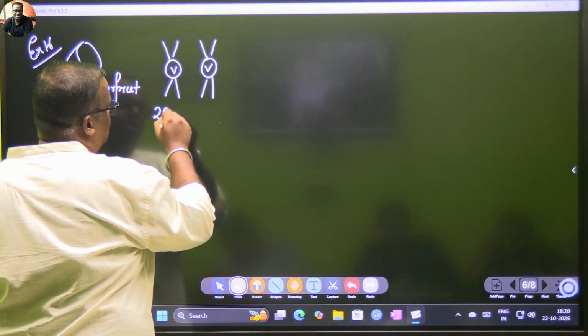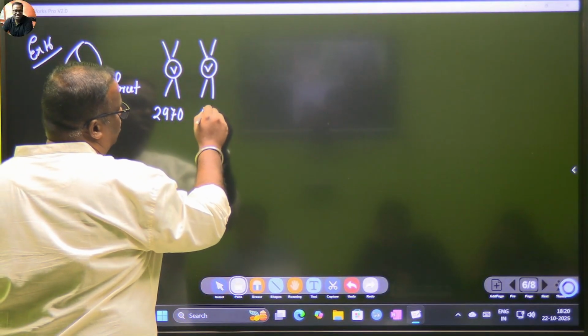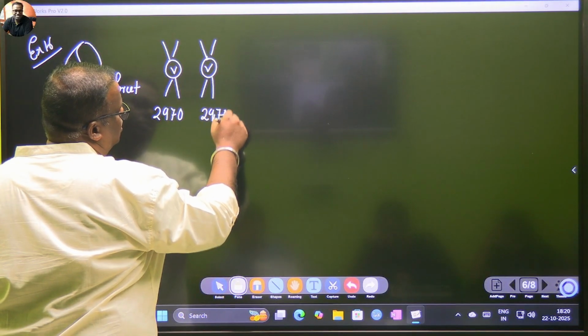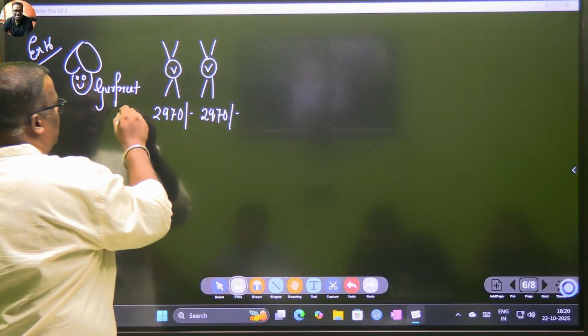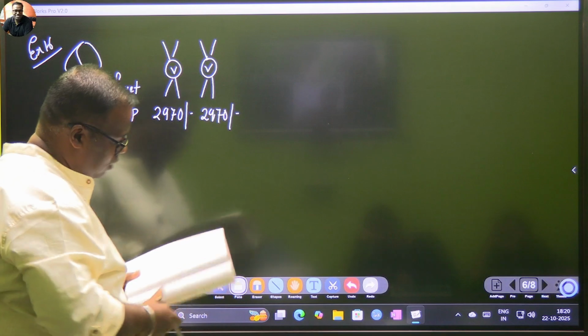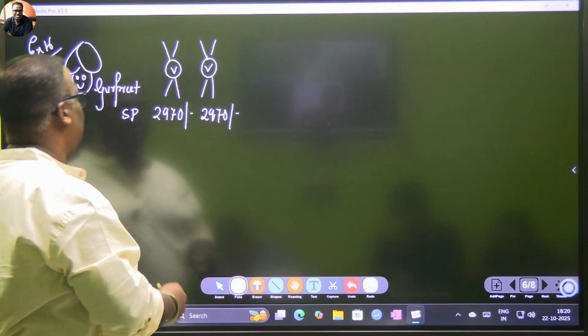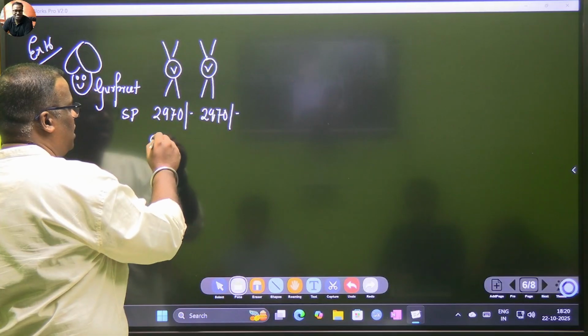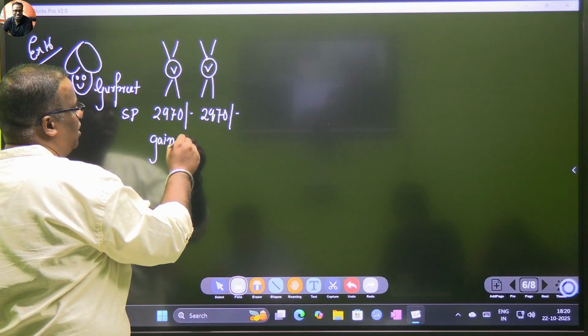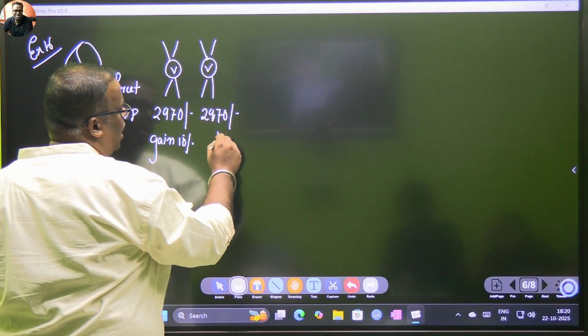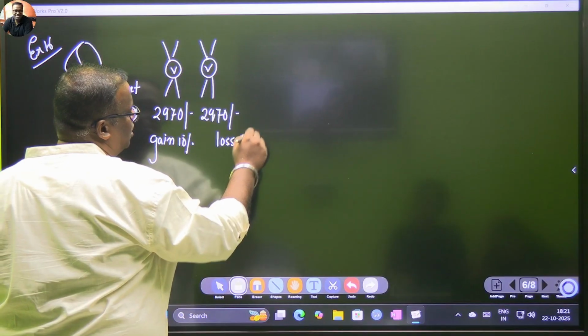He sold this at 2970. He sold this also at 2970 each. Selling price 2970 each. Gaining 10% on one. So on this one he made a gain of how much? 10%. And on this he made a loss of how much?